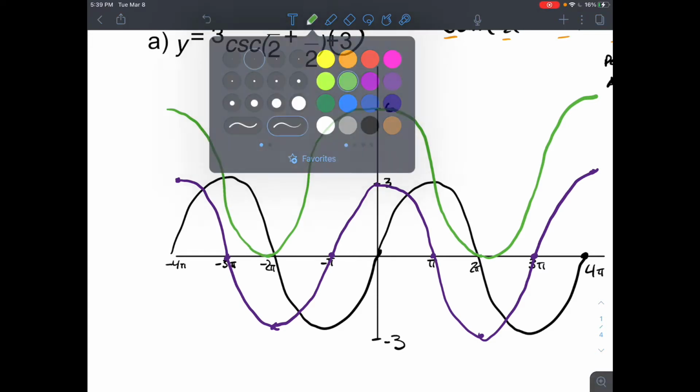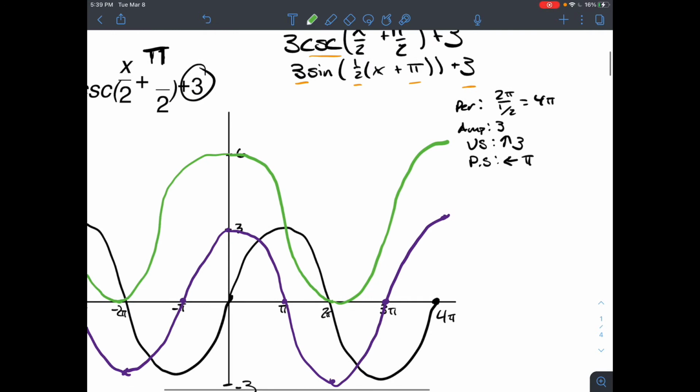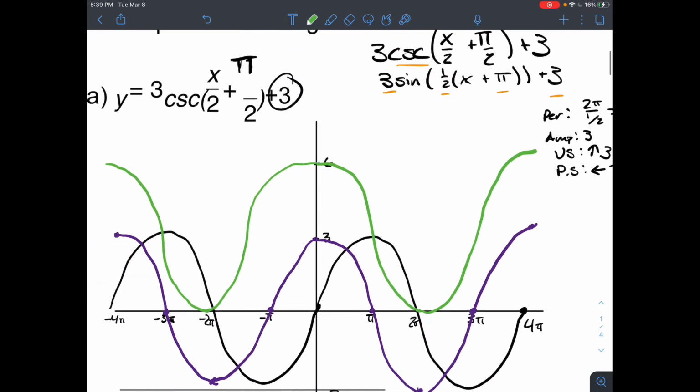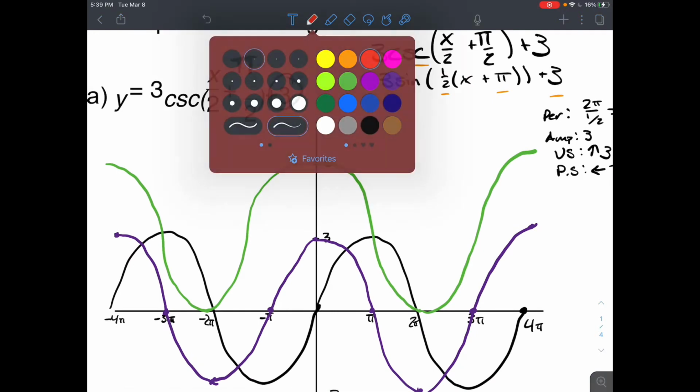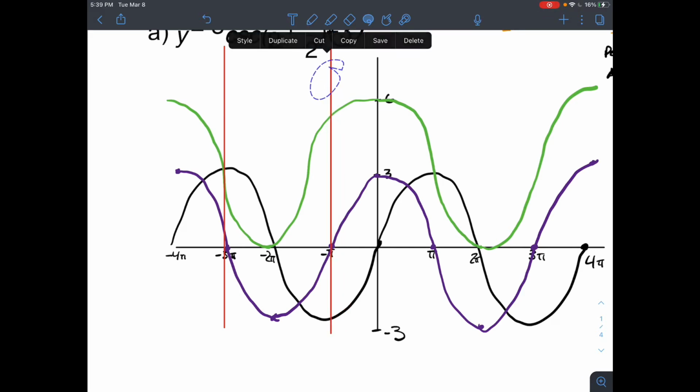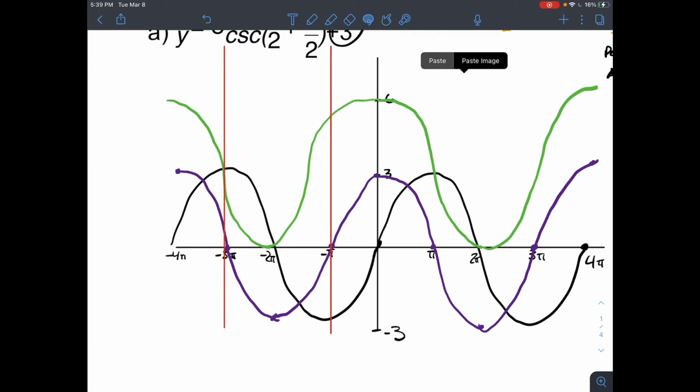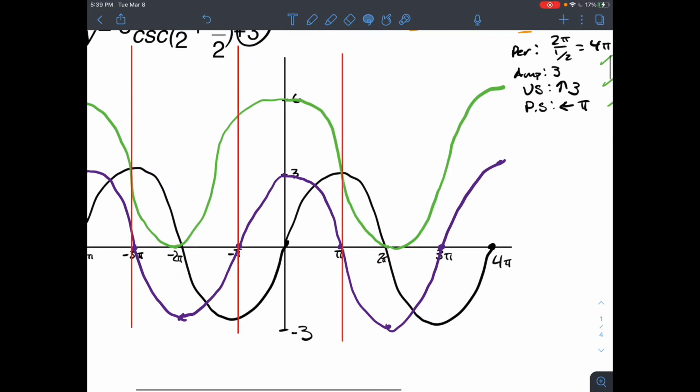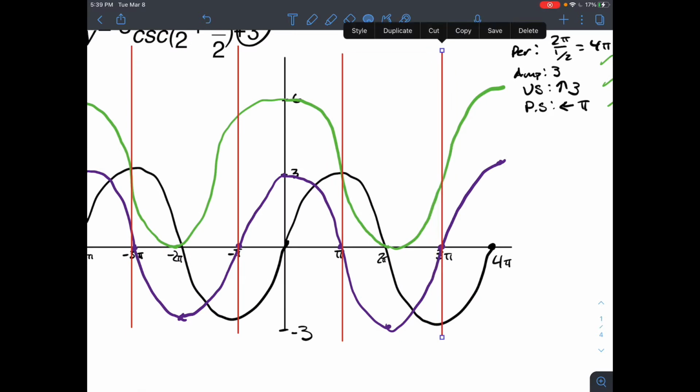Now the next thing that we have, and the last thing that we have: we did the period, we did the amplitude, we did the vertical shift, we did the phase shift. Now we have to just graph cosecant. So let's start by graphing our asymptotes, and that's going to be where the purple graph hits the x-axis. So we're just going to go here. And there we go.